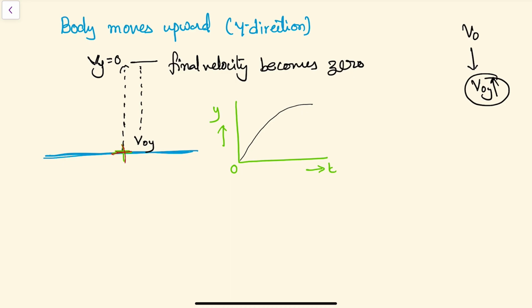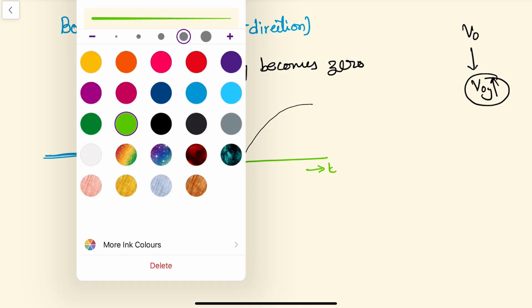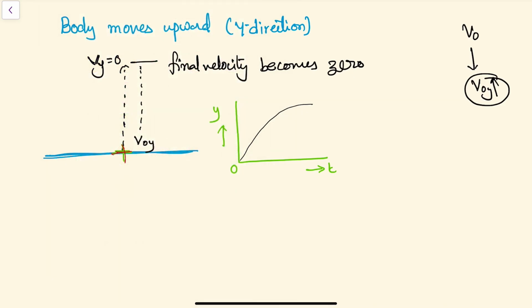What is the velocity here? Now if you draw this, this is time, and Vy, I am writing Vy. What is happening? Initially velocity is present at time t is equal to 0.